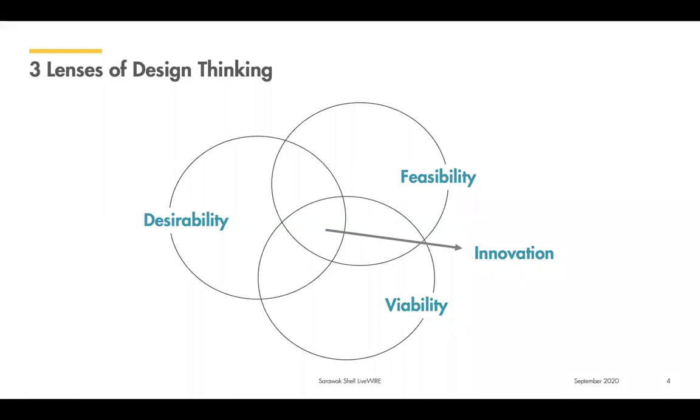Although people are still using it to address anxiety and all that, it wasn't as big as when it started off, right? Where everybody started to order it or start to manufacture it, start to design it, right? So the viability aspect is another lens that you apply when you're designing using the design thinking method. So a combination of desirability, feasibility, viability is where the sweet spot of innovation is.